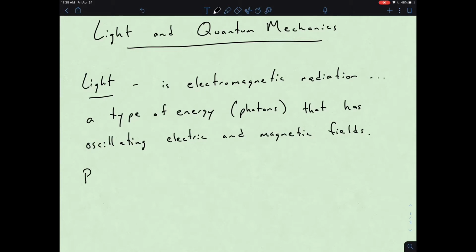Let's just define the idea of photons. That's what Einstein called basically packets of energy.